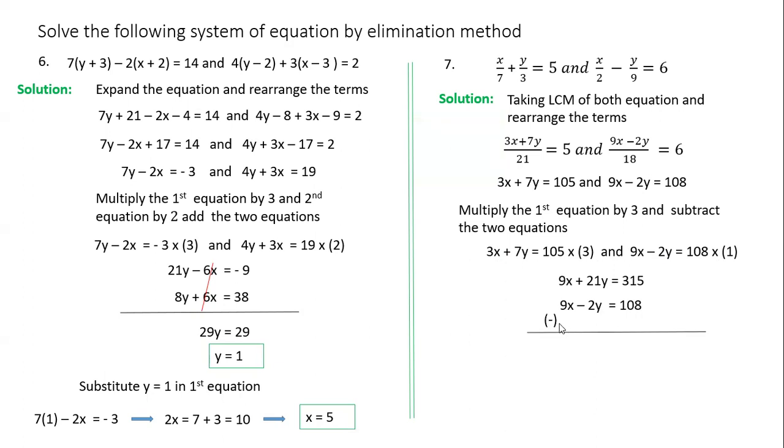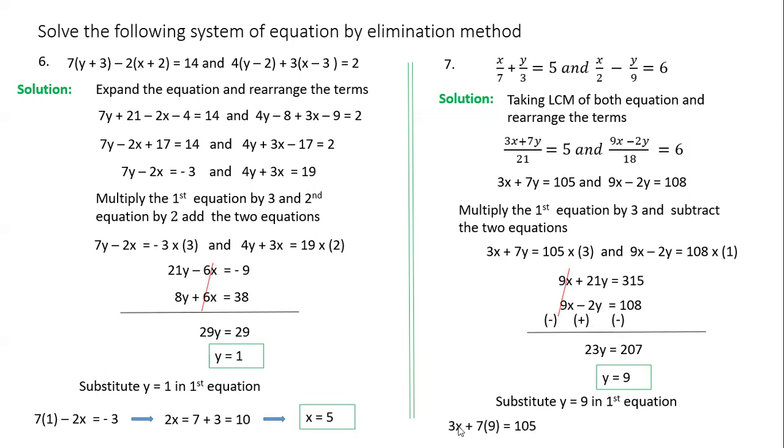Sign changes, minus, plus, this becomes minus. This cancels. So 21 plus 2 is 23. 315 minus 108 is 207. Divided, you'll get 9. So y is 9. So substitute y is equal to 9 in the first equation.